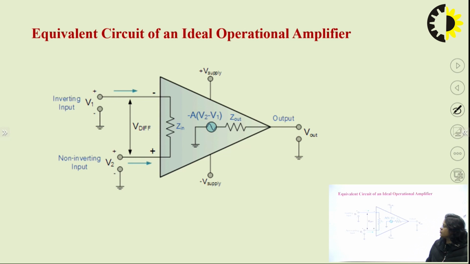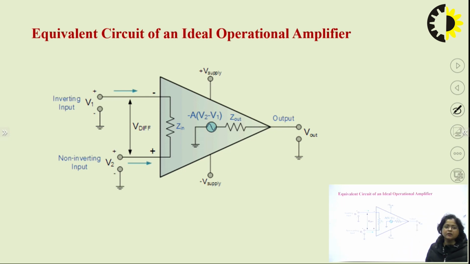Then moving towards the equivalent circuit of an op-amp. An op-amp is an IC, and it broadly consists of several BJTs, resistors and capacitors. The overall block diagram of the op-amp consists of 4 stages: input stage, differential stage, gain stage and then output stage.